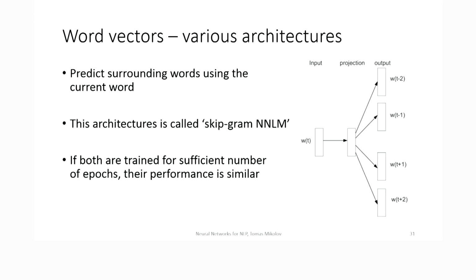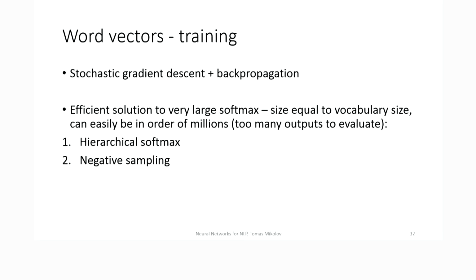So both architectures are very simple and can be trained on billions of words in a few minutes. Of course, we still stick with the basic SGD and backpropagation. People actually tried to use even different learning algorithms for these architectures, but I do not know about anything that would be able to beat the SGD.